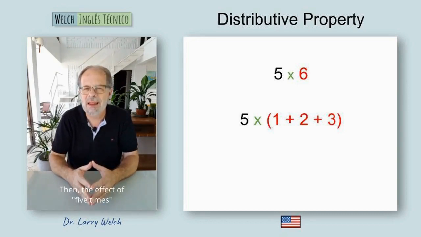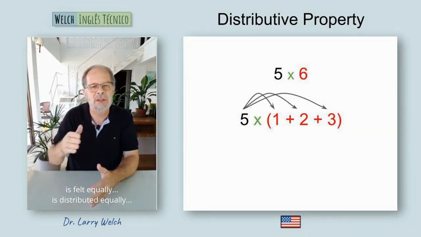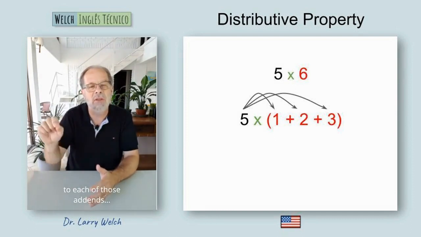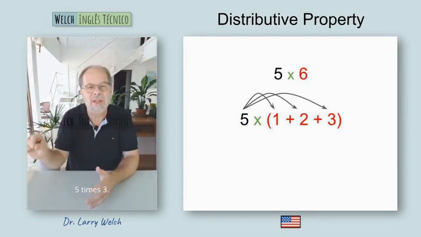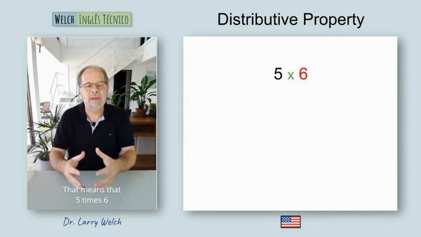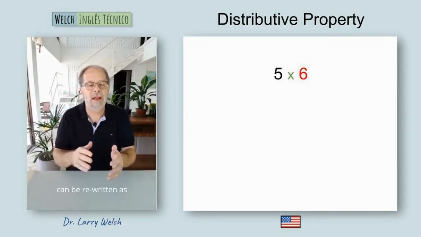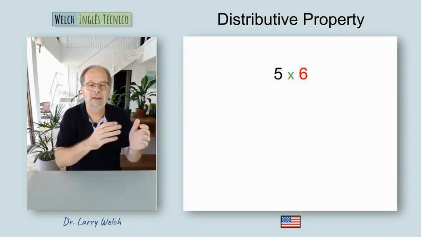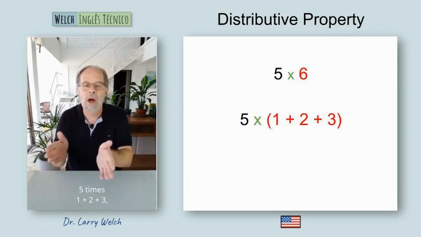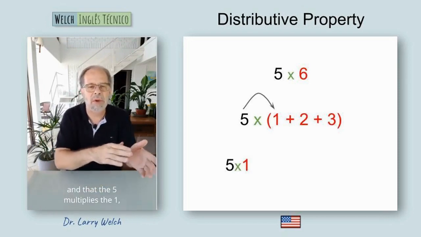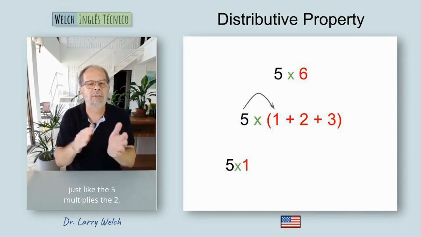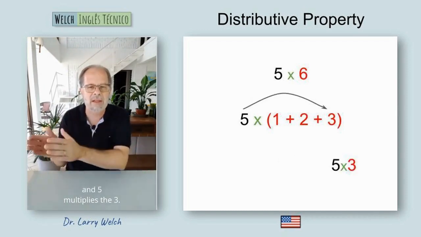Then the effect of 5 times is felt equally, is distributed equally to each of those add-ins, 5 times 1, 5 times 2, 5 times 3. That means that 5 times 6 can be rewritten as 5 times 1 plus 2 plus 3, which is 6, and that the 5 multiplies the 1, just like the 5 multiplies the 2, and 5 multiplies the 3.